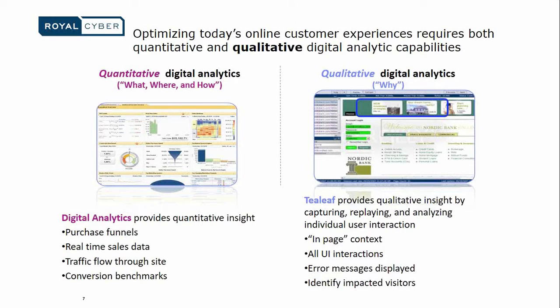So this why factor is what the tool I'm talking about, Tealeaf, an IBM product, gives you. With the help of Tealeaf, we can identify all those users who are dropping at a particular step of the funnel report, and you can replay the user journey.